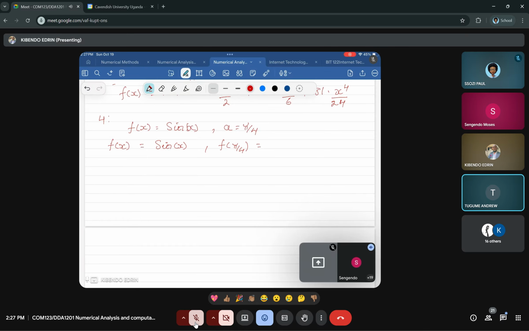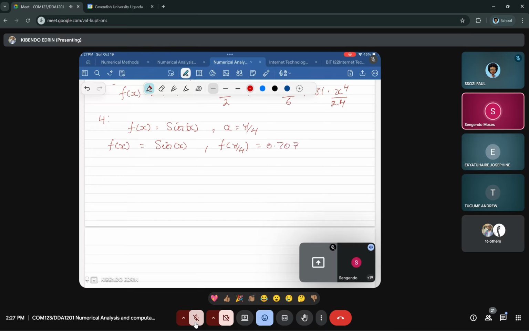I don't think so. No, but pi is a value in radians, which means 180. So you're going to have 180 divided by 4 to get 45. So the sine of 45 is 0.707.